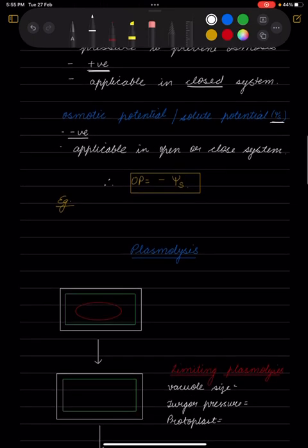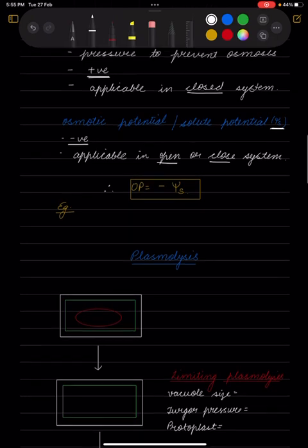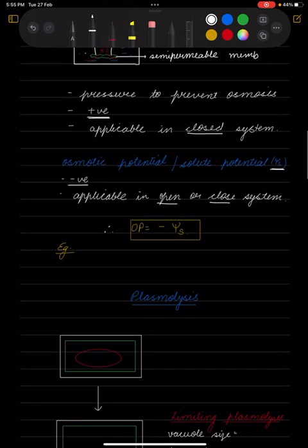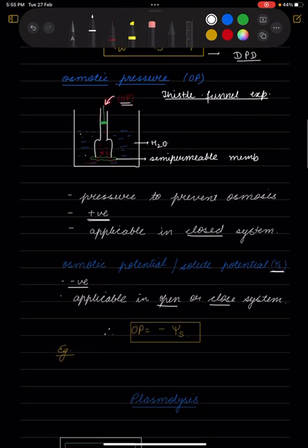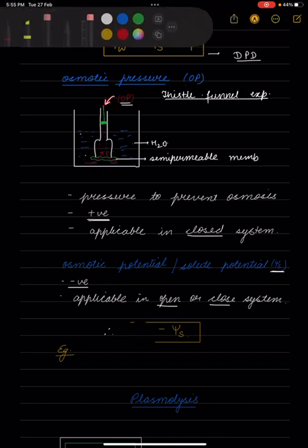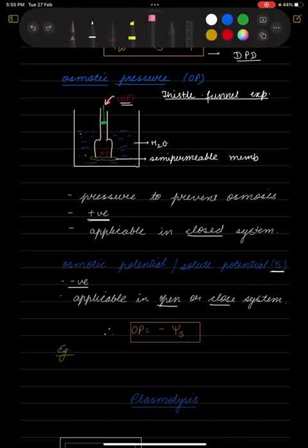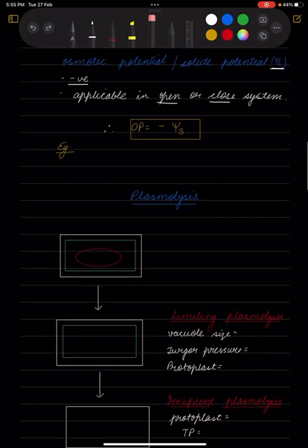So this solute potential is also known as osmotic potential, and it is applicable in the open as well as closed system. From here we come to know about two similar terms, osmotic pressure and osmotic potential. Osmotic pressure is the negative of osmotic potential, or we can say osmotic pressure is minus psi s, that is solute potential.